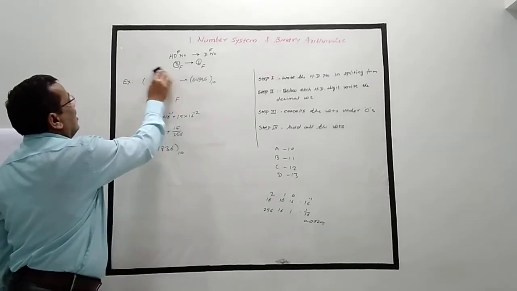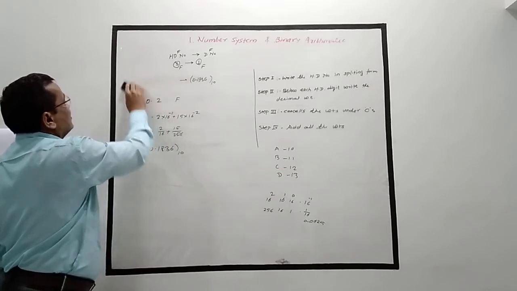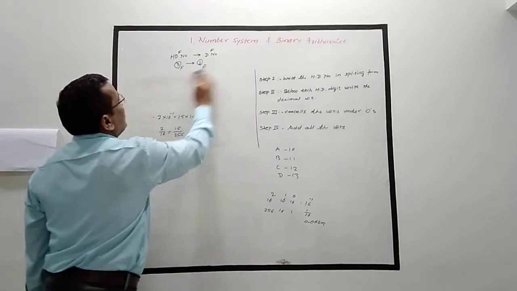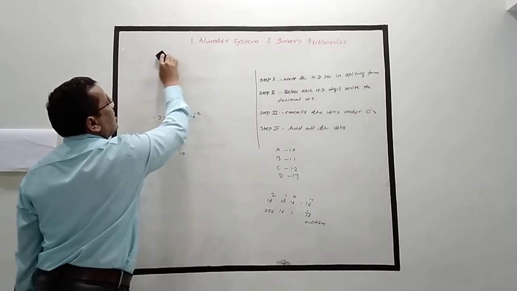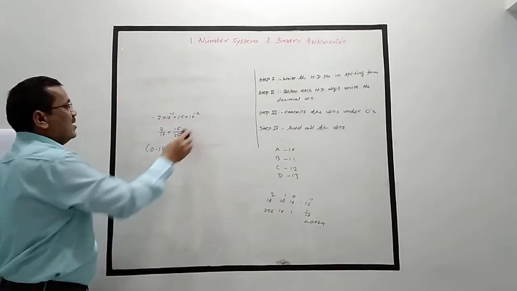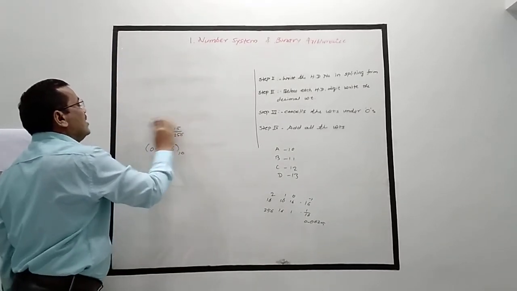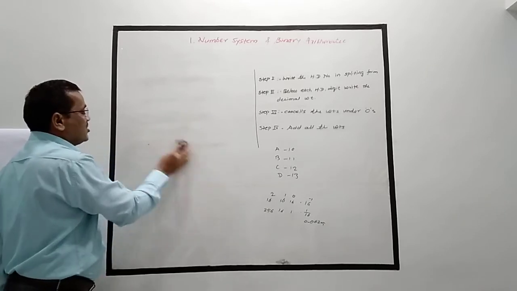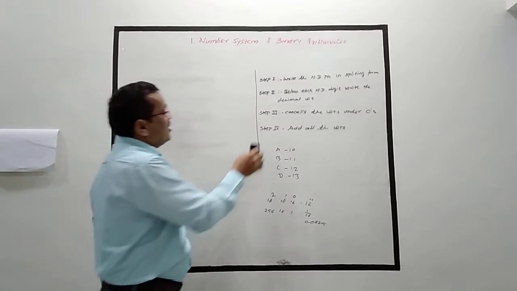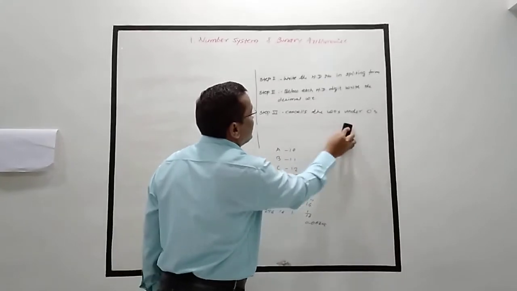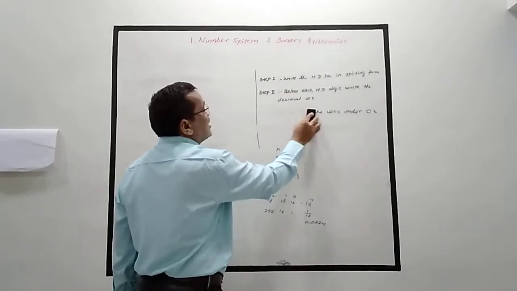Now, another conversion of 2 into 3. 2 into 3 means binary to hexadecimal conversion. 2 is converted to 3. That is second number system.